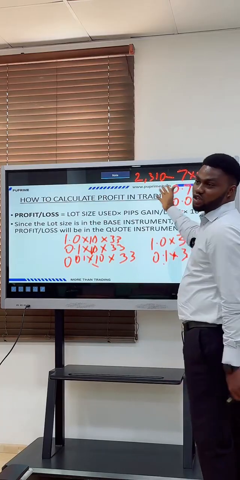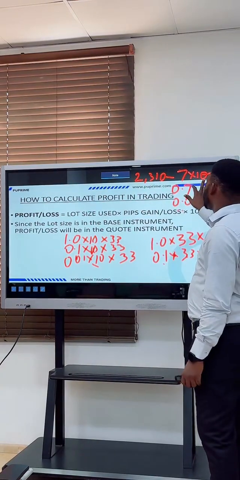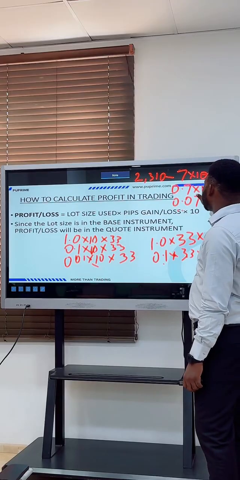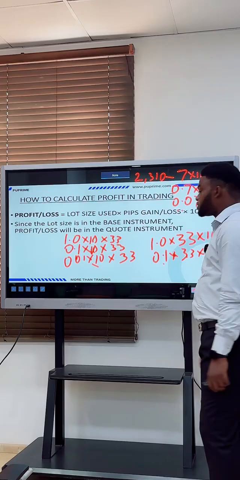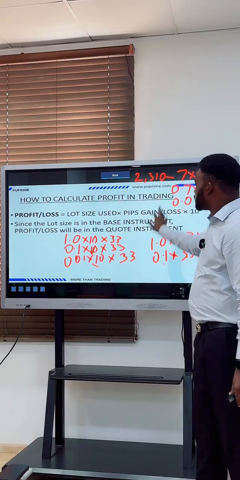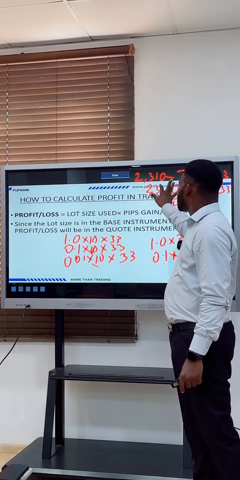Then let's say we are using 0.7, just the same thing, times 10 times 33. What will that give us? 231. It's going to give us 231.